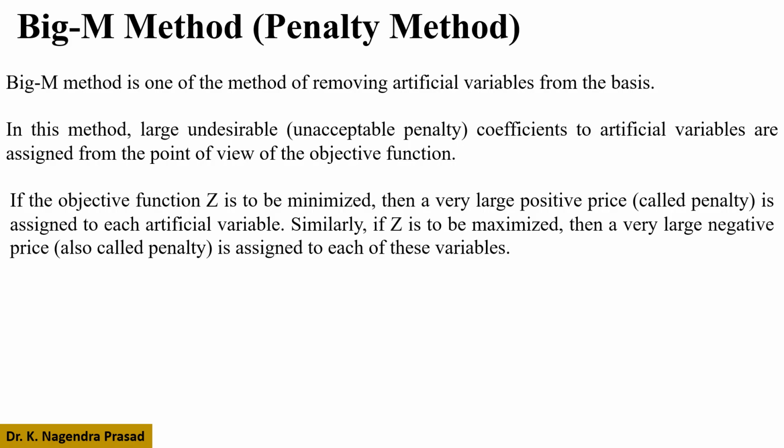If the objective function z is to be minimized, then a very large positive penalty is assigned to each artificial variable. Similarly, if the objective function z is to be maximized, then a very large negative penalty is assigned to each of these artificial variables.